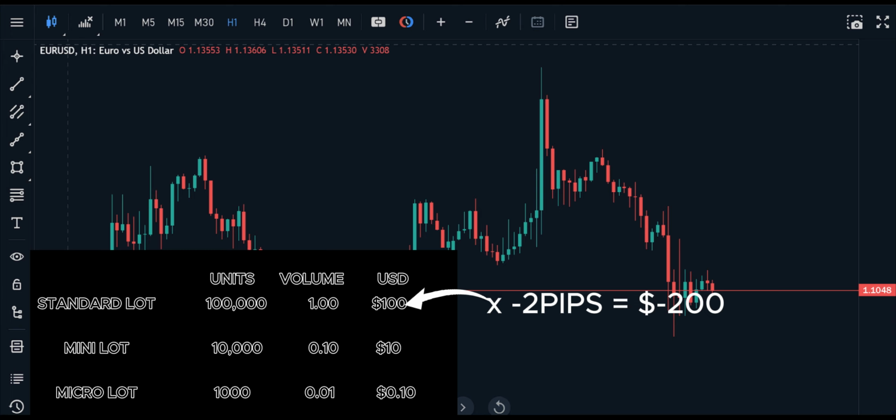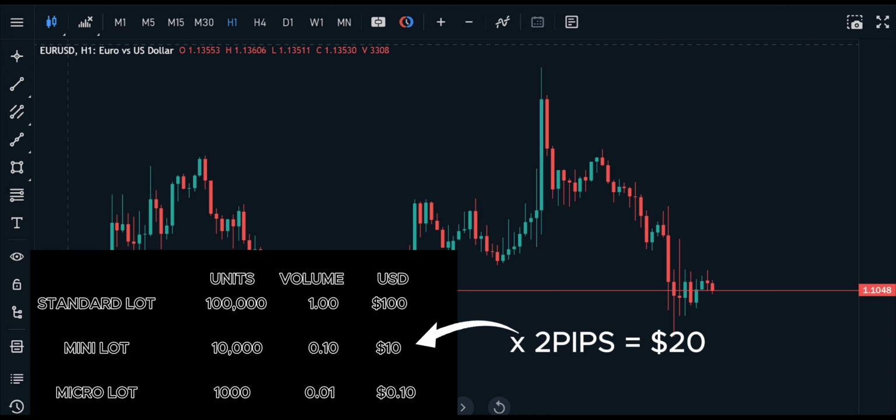If we had used a mini lot, which is $10 USD per pip at a volume of 0.10, then 2 pips would equal $20, and same vice versa if it goes against you.